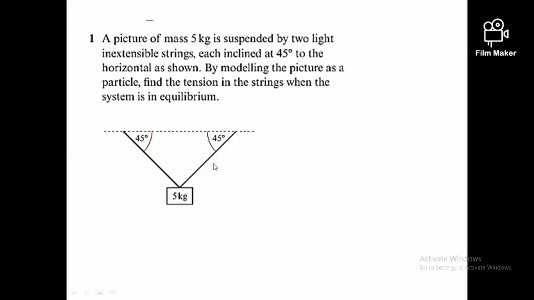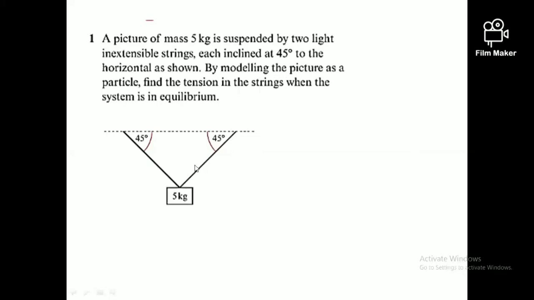But generally, if an object is connected with two strings, the tensions must be different. You can mark them as T1 and T2. But if the system is symmetrical, you can say both are the same. It's like there's symmetry over this axis. In that case, you can consider these tensions as similar.